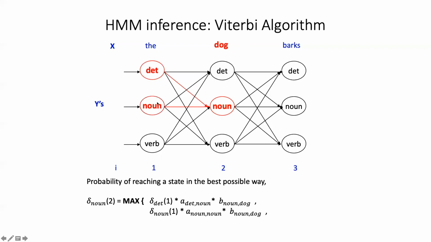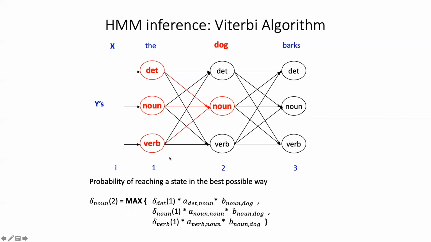So the other possibility is reaching from the state noun to noun, while in the previous state emitting the symbol the. This is represented by this particular term: the previous delta noun multiplied by the transition probability and the emission probability here.